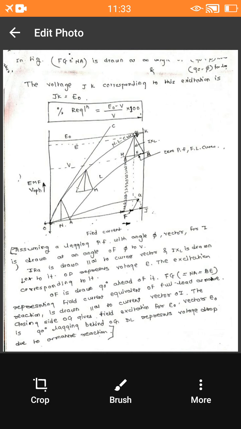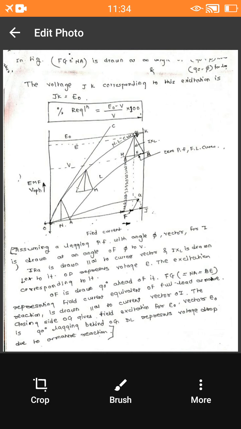BE gives the field current necessary to overcome the demagnetizing effect of armature reaction at full load, and EH is for balancing the armature leakage reactance drop DE. Let V be the terminal voltage at full load.